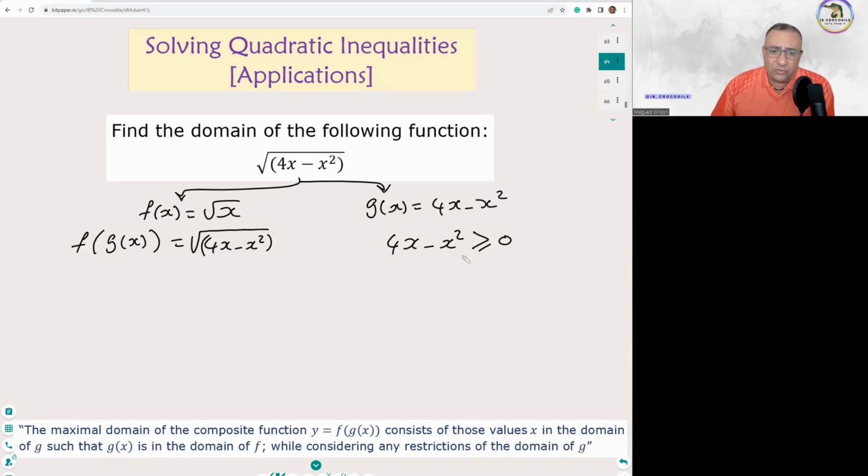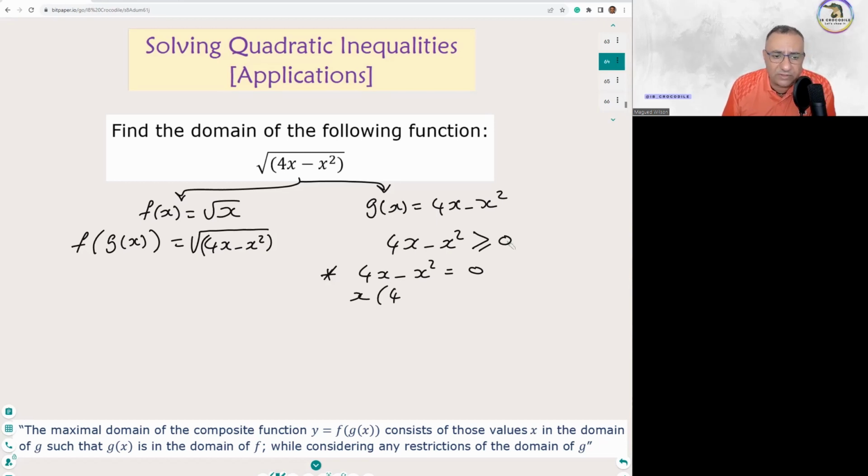Step 1 is already here: the right-hand side of the inequality is 0. Then step 2, we find the critical values or the zeros of this inequality. So 4x minus x squared equal to 0, just to find the zeros. What we can do here is take x as a common factor.